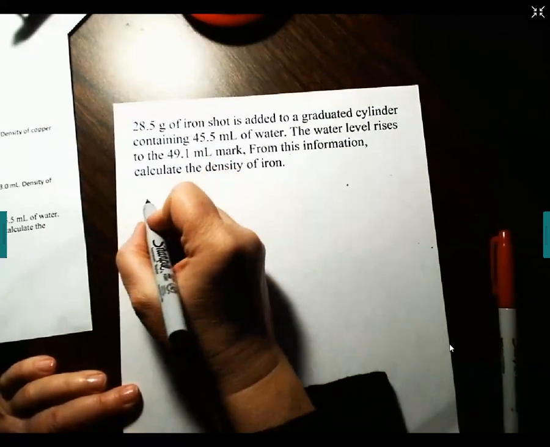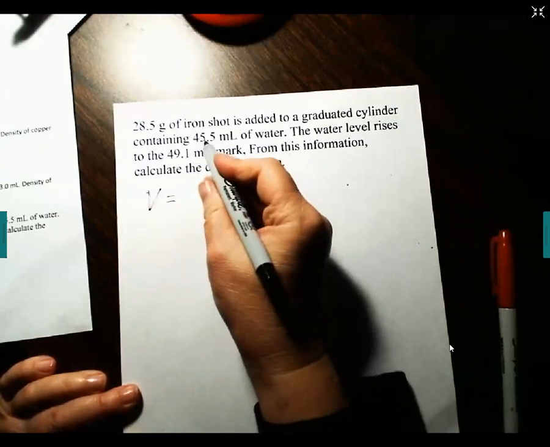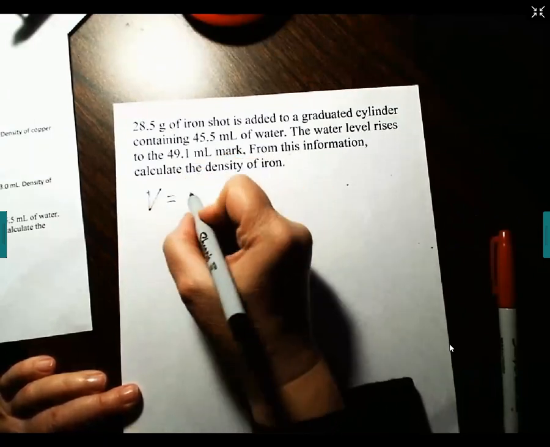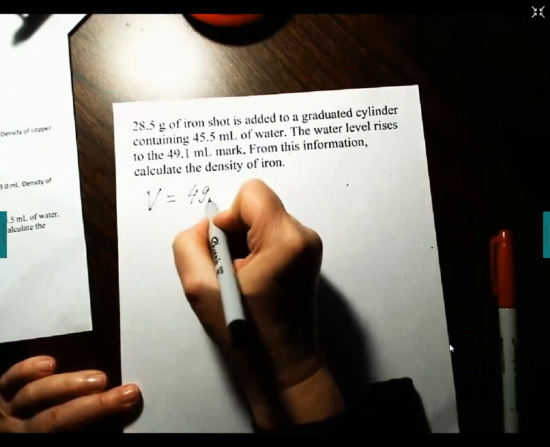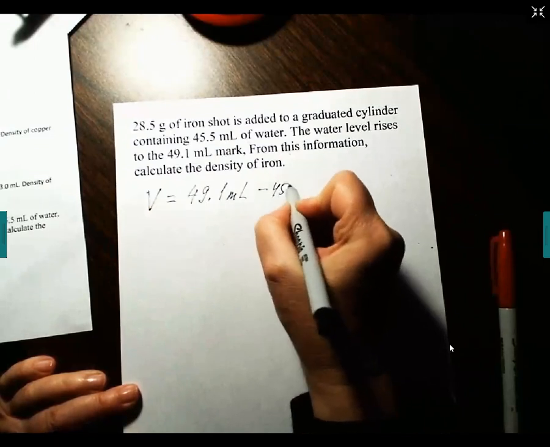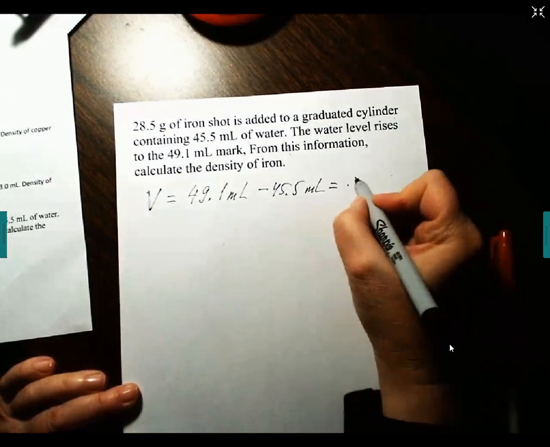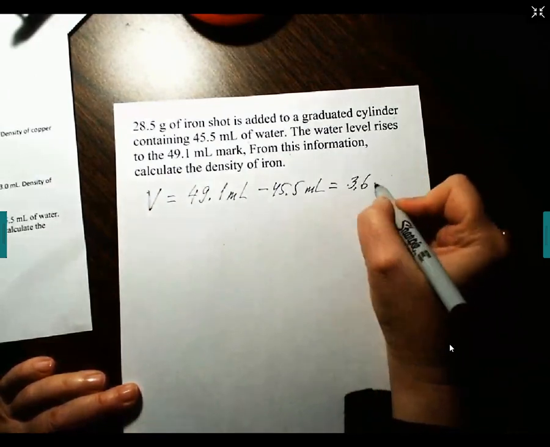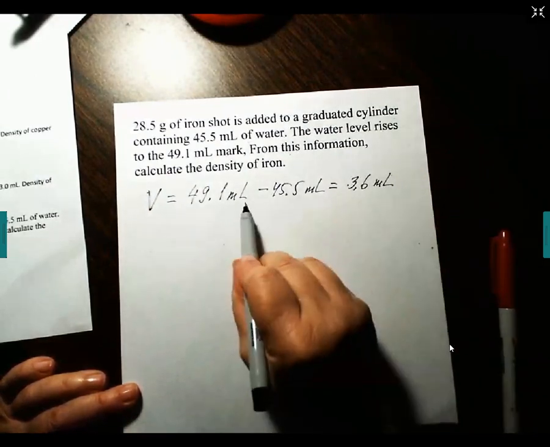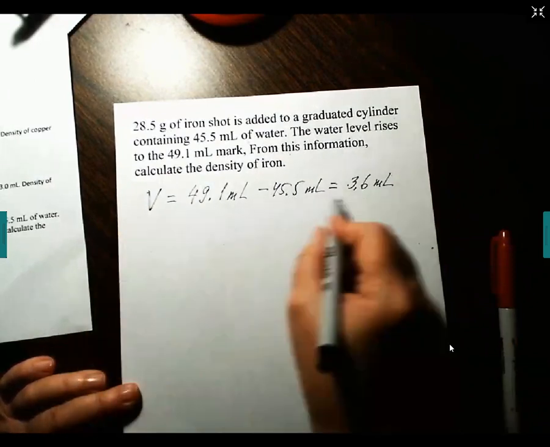So it was the initial volume, right? So it should be final 49.1 milliliters minus 45.5 milliliters, and it is 3.6 milliliters. We are keeping one decimal, one decimal, one decimal. It's subtraction.